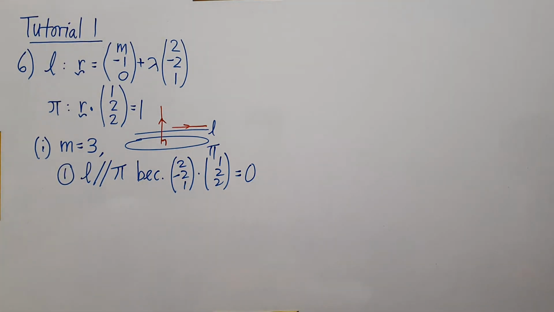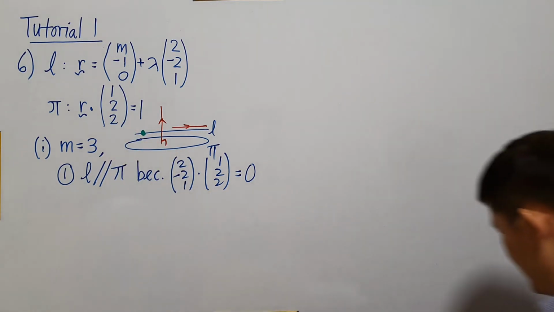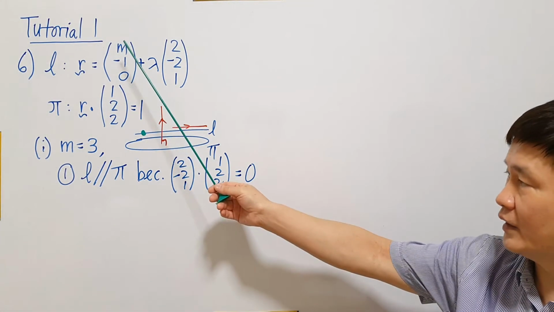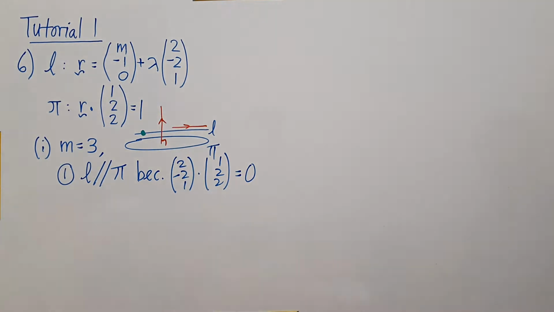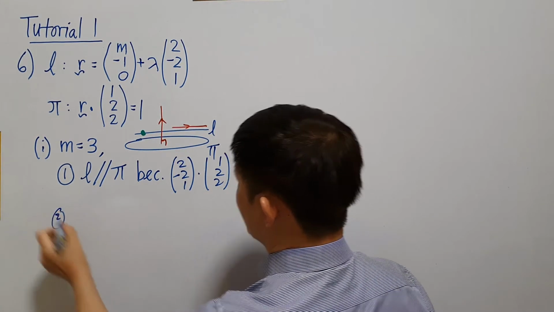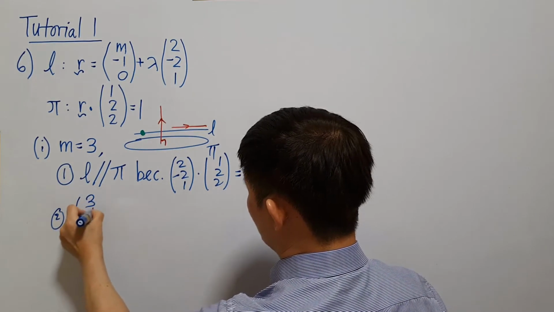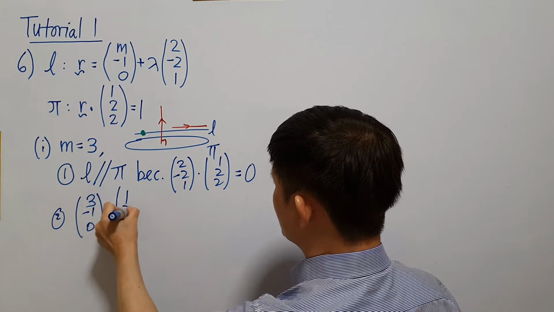Then the next thing I'm going to do is demonstrate that this point on the line, which in this case is the vector (3, -1, 0), is on the plane. How do I show it? I will take (3, -1, 0) dot product with (1, 2, 2).